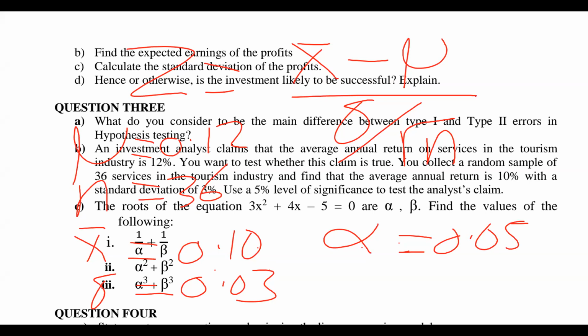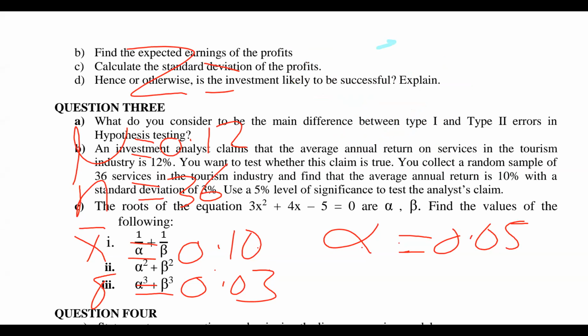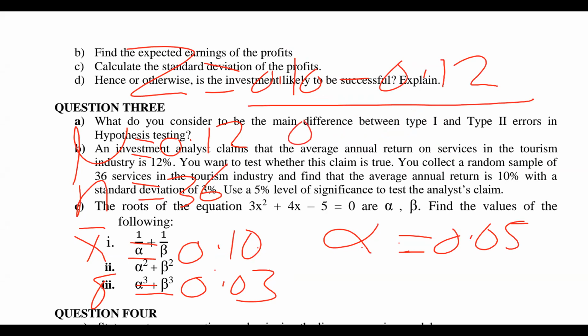Clear, sir. If that is clear, then you can easily calculate the z value now. Just substitute: x bar is 0.10 minus 0.12, all over 0.03, the standard deviation, divided by the square root of the sample size n, which is 36.